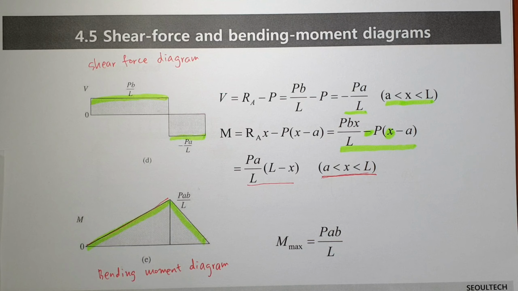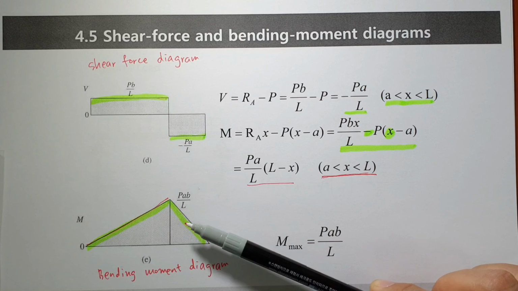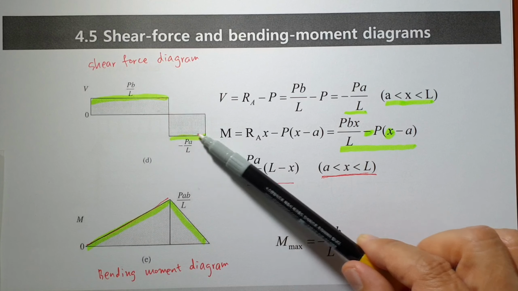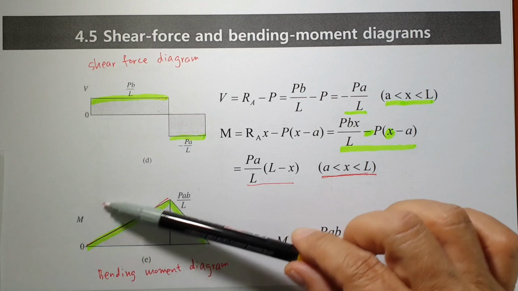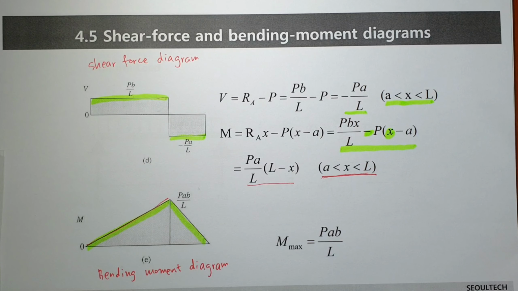Okay, when you closely watch the shear force and bending moment diagram, when you integrate this kind of graph, then you can obtain this kind of relationship. Or when you take derivative of this graph, then you can have shear force.